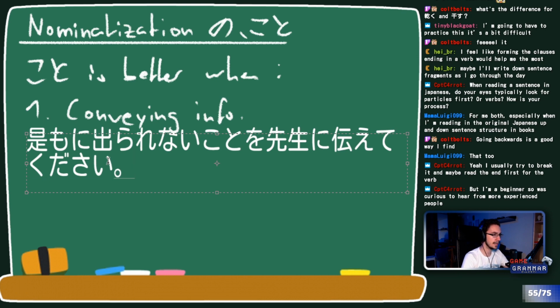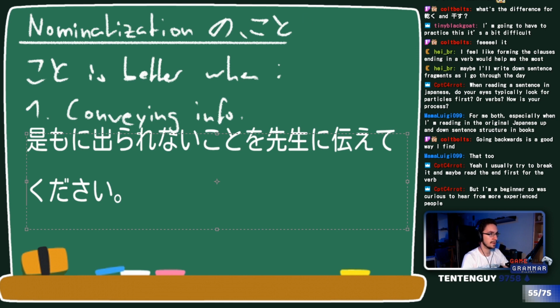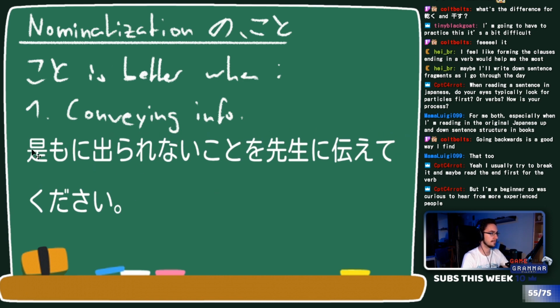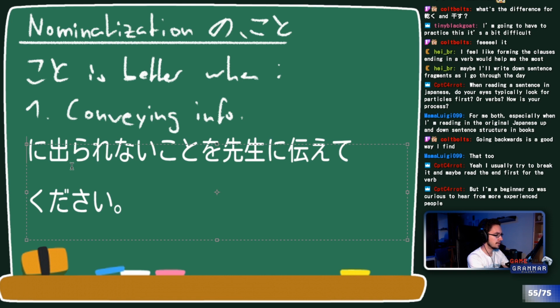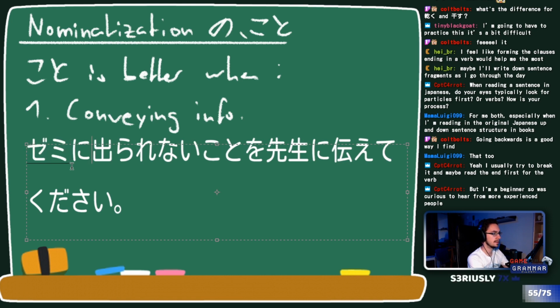We had to use 2 lines here because it's a bit of a longer sentence. I'm just gonna make some space so that I have room to draw over it. Alright. That's not what I wanted. I wrote zehi instead of zemi. Zemi ni. Yeah, zemi ni. Sorry, there you go. Now it's correct.